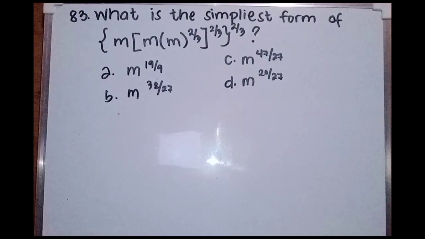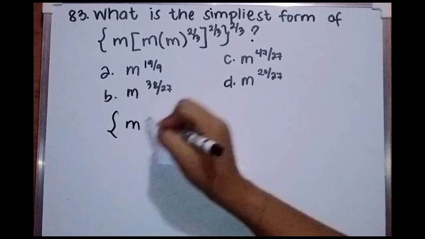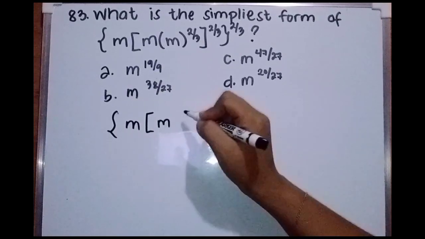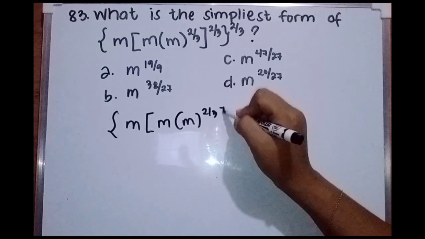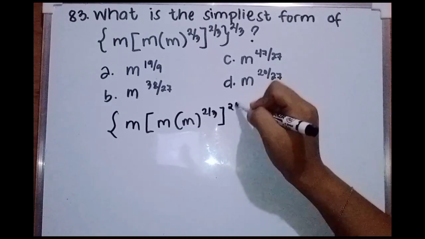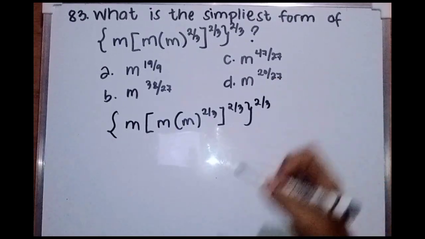Let's move on to number 83. What is the simplest form of m multiplied by m raised to the power of 2/3, all raised to the power of 2/3 and raised to the power of 2/3?